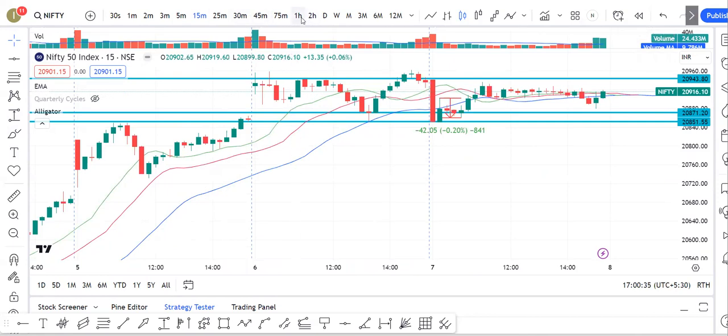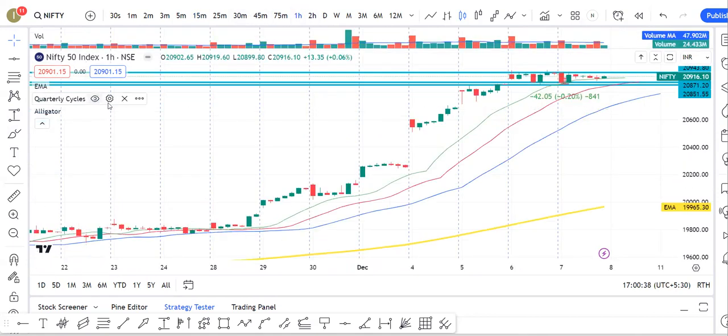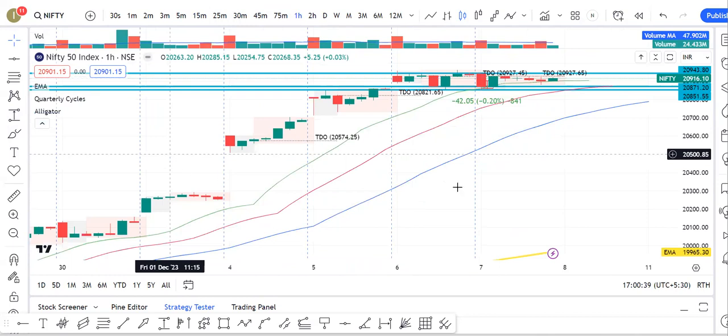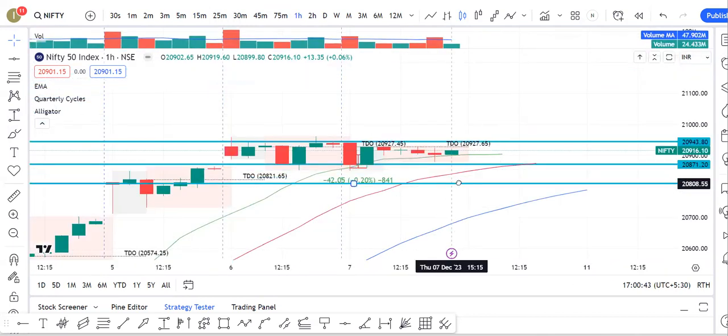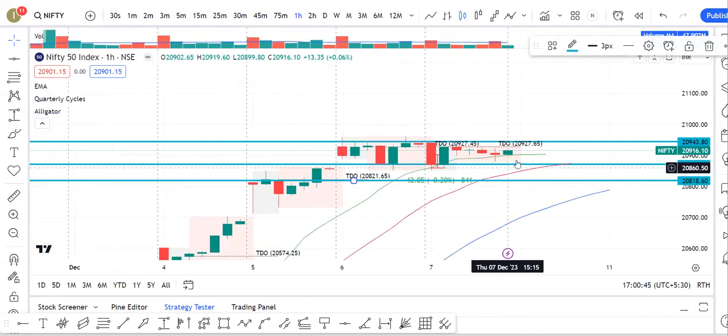If I go to the hourly chart and enable the quarterly cycles, you will get this level, 20,821. So if it dips down to this, it may start reversing also.